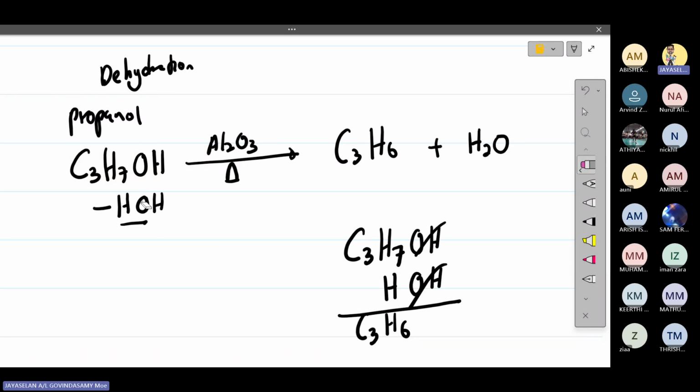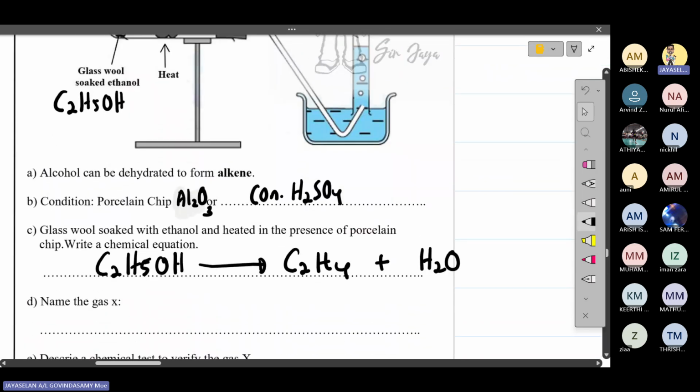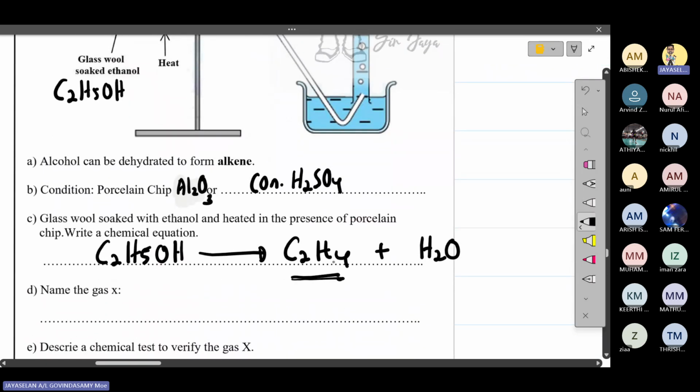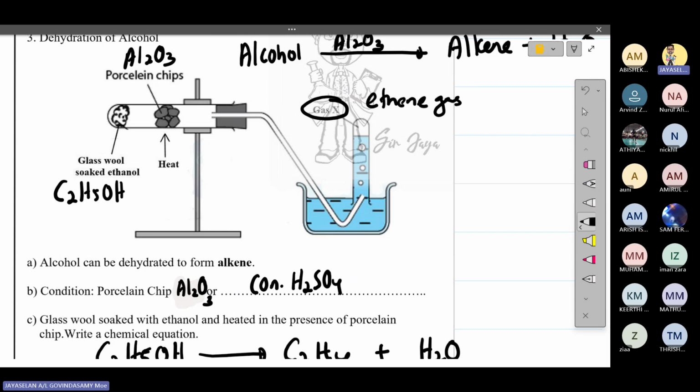Any question? No question. Okay, do all of you understand? Now you already got this. And please remember they ask this: the product, 18 marks. So what is the name of the gas? The name of the gas is ethene gas. Why, sir, do you put gas?